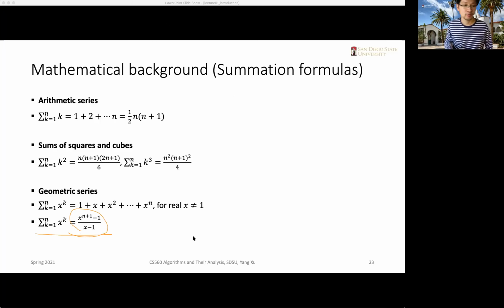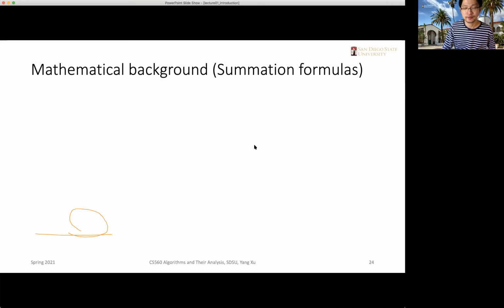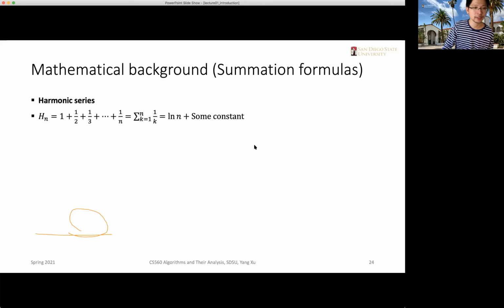In those cases, when n approaches infinity, the numerator will be gone when n is sufficiently big, because a number smaller than 1 approaches 0 when we take its exponential. So these two are the most commonly used series.